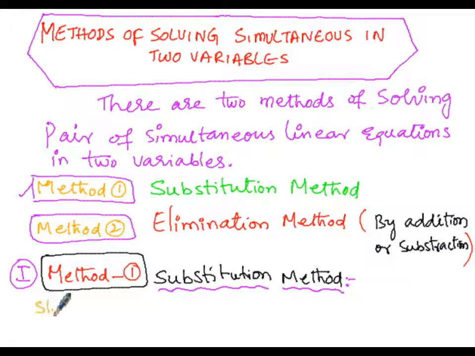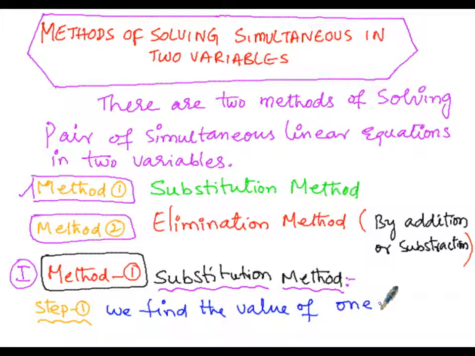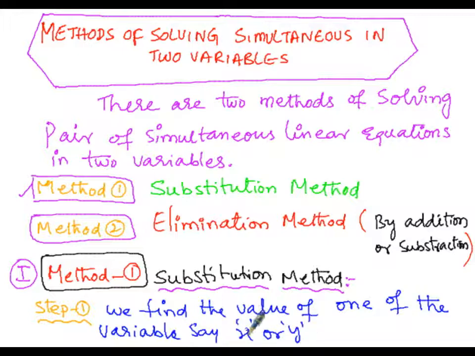In step number 1, we find the value of one of the variables, say either x or y, in terms of the other.